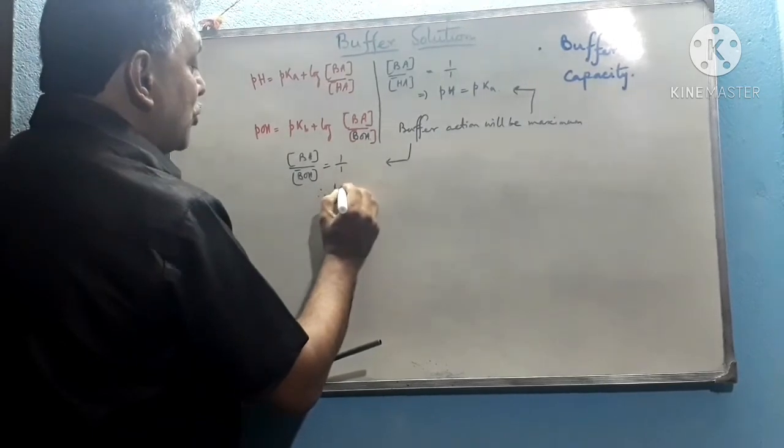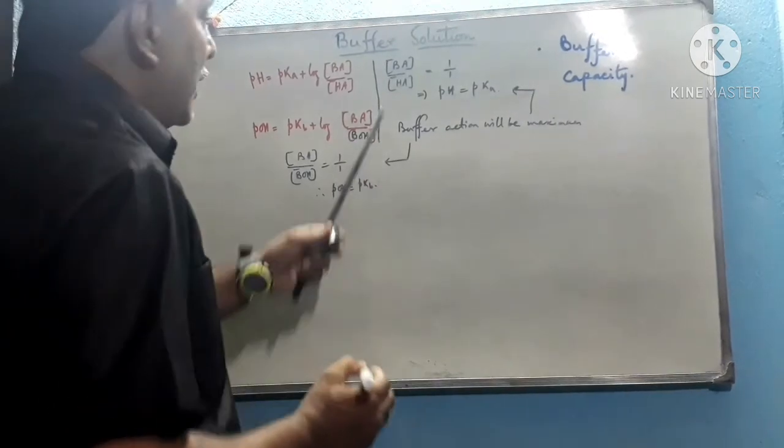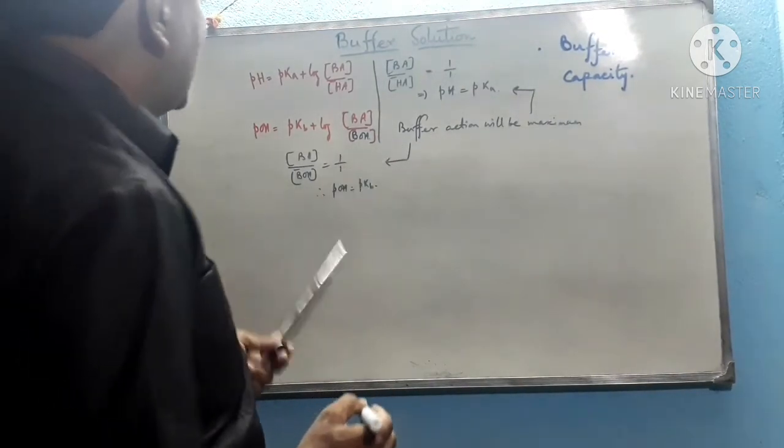Therefore, in that case also, pOH equals pKb. These are the two conditions. Buffer action will be maximum in these two conditions.